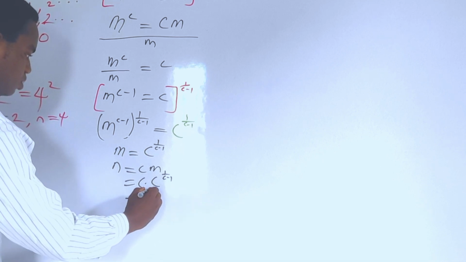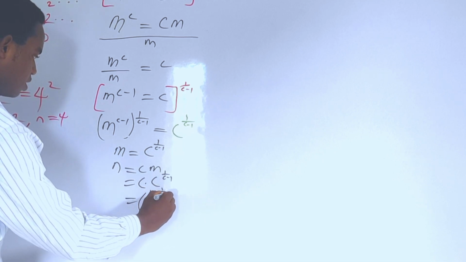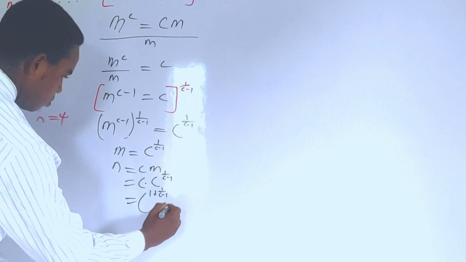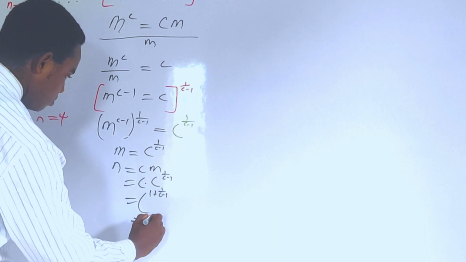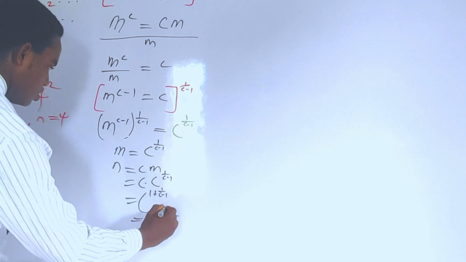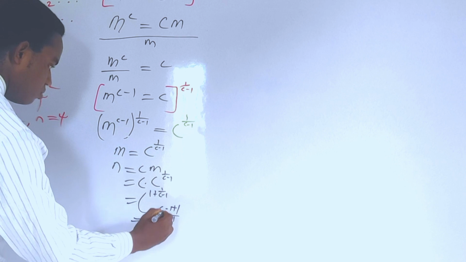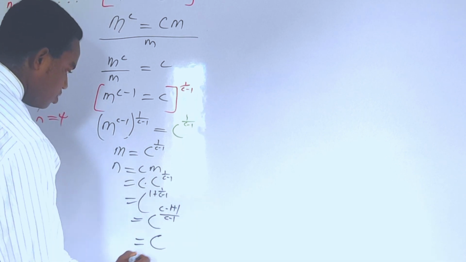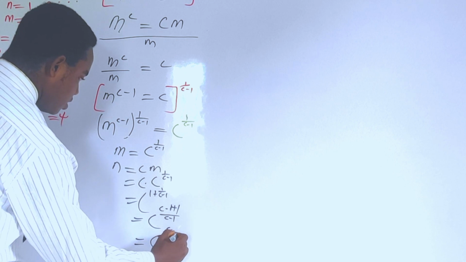So applying law of indices there, the first c is raised to power 1, so we add the powers up. So 1 plus 1 all over c minus 1 would be c raised to power c minus 1 plus 1 all over c minus 1, that's equal to c raised to power c all over c minus 1, right? And that is n.